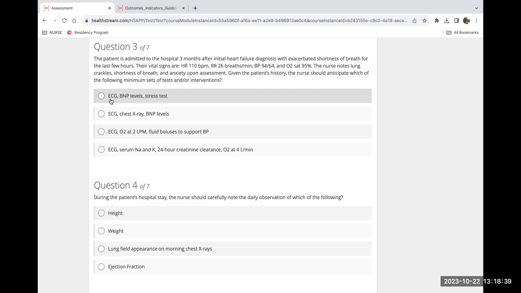I like the BNP levels. ECG, BNP, chest X-ray.